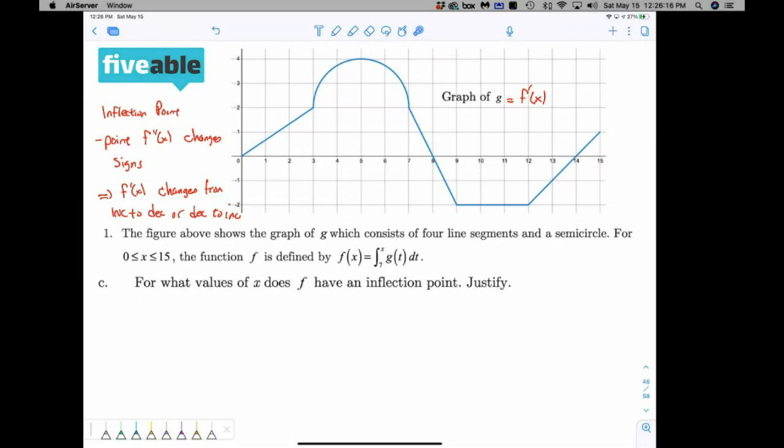As we trace this graph out, it's increasing the entire way until 5, and then it begins decreasing. That tells us that x equals 5 is going to be an inflection point because we change from the graph increasing to going down. Okay, so that definitely is going to be an inflection point right here.